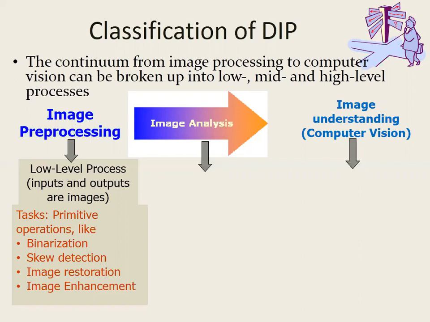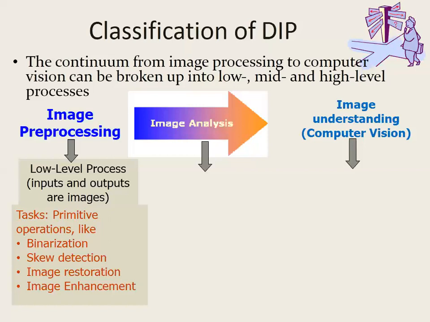Then skew detection is also another thing. Sometimes the image that we are capturing using our cameras or scanners, or whatever media we are using for capturing, may have tilts or skewness, which needs to be corrected to the normal position.